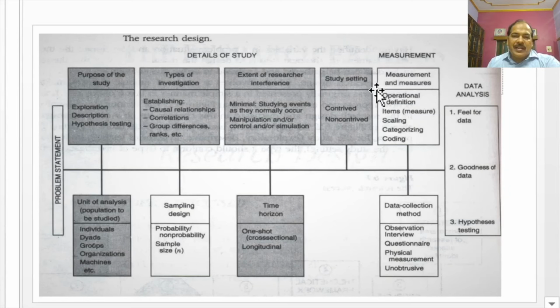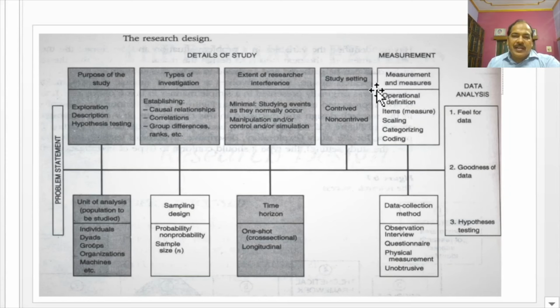In the other condition, if one variable is the ordinal one and another variable is the ordinal one, in that case we can go for these type of the correlational techniques like Spearman rank order correlation or the Kendall rank correlation.